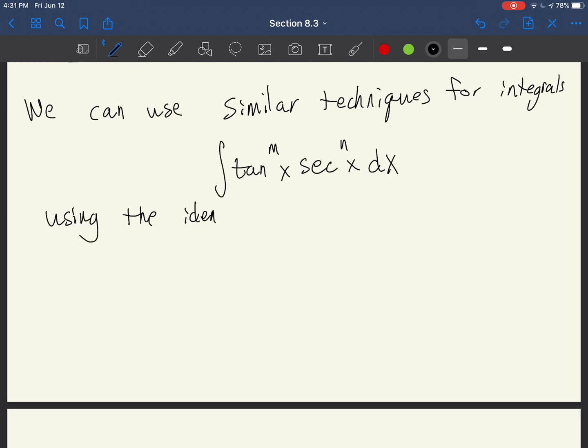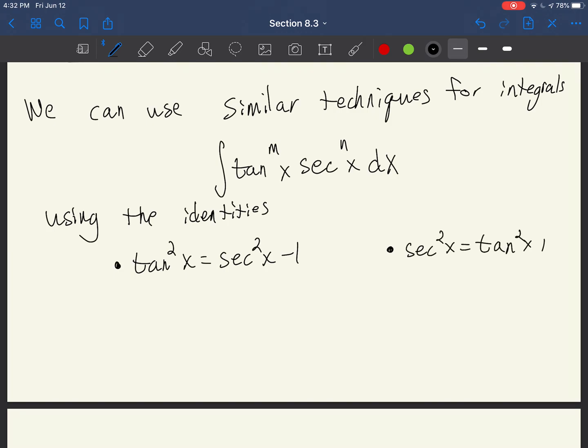Using the identities, we have tangent squared x equals secant squared x minus 1, and secant squared x equals tangent squared x plus 1.